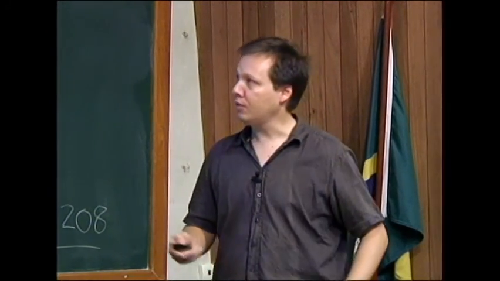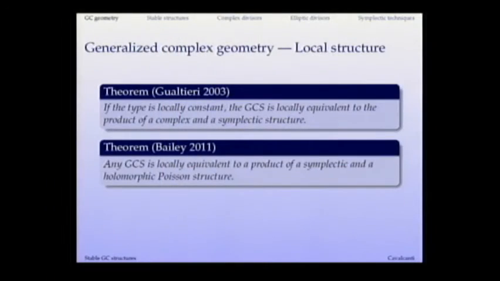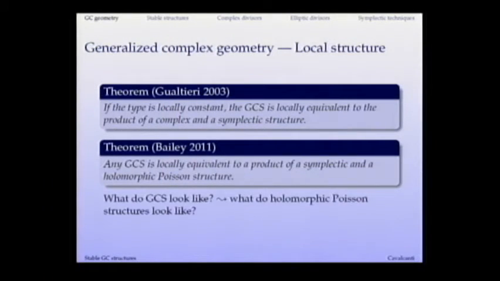Okay? Doesn't fully answer, but it already answers a lot, the question of what do they look like. It essentially translates the question about generalized complex structures to the question of what do holomorphic Poisson structures look like. I don't know what they look like, but they are holomorphic, and that in itself is much better already. Okay? Being holomorphic itself is already a strong condition, and on top of being holomorphic, you have a further differential condition that you have to put on this bivector.